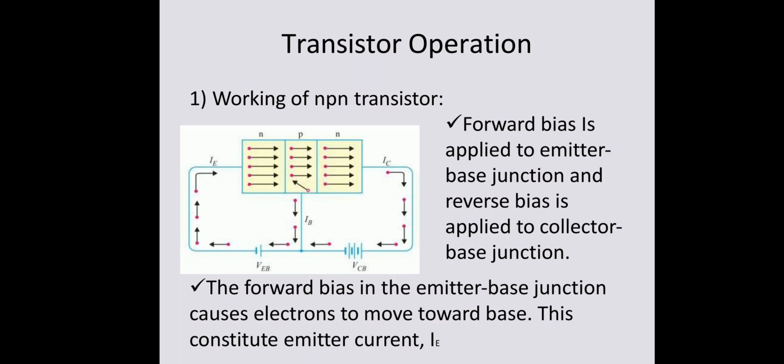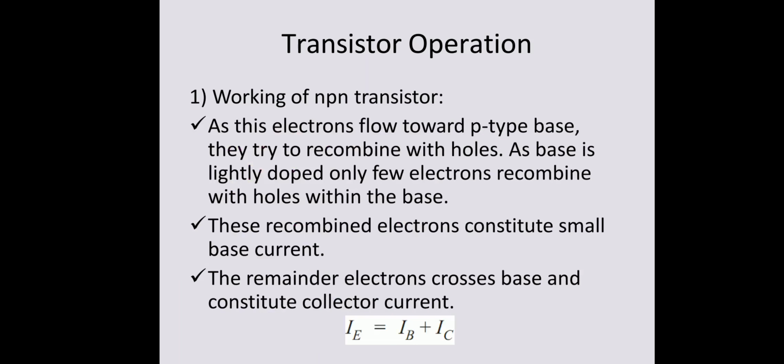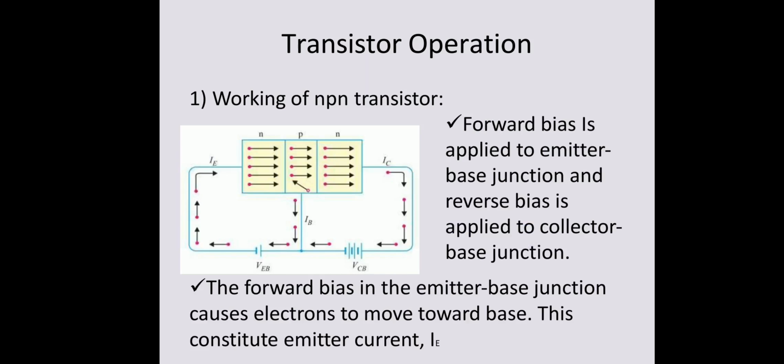Now the electrons are coming from the emitter to this base, so a few electrons will recombine with holes in the base, and the remaining electrons will move towards the collector region. This recombined electron contribution is a small base current. The remaining electrons cross the base and constitute the collector current.